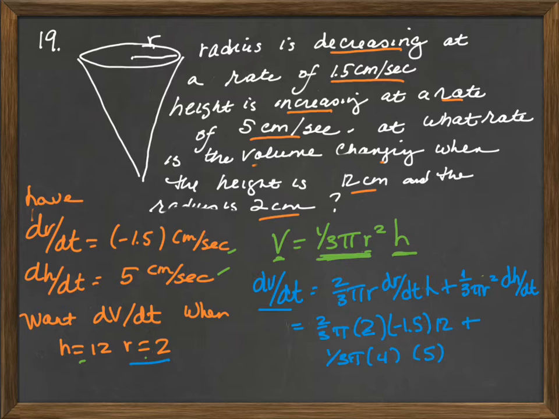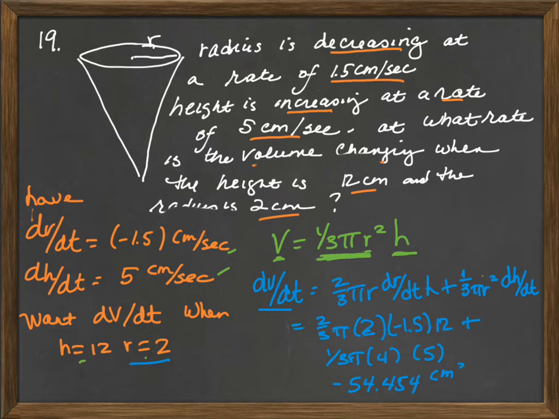So we're just going to punch that into our calculator. Let's see what we get. Okay, everybody enter that into the calculator. And we get negative 54.454. That unit would be volume units, right?